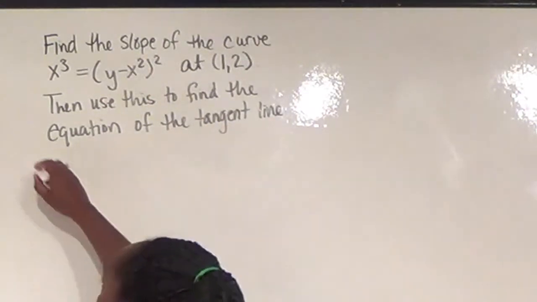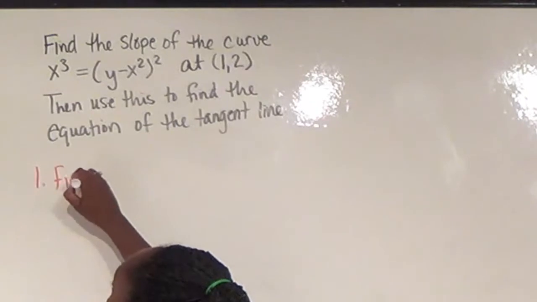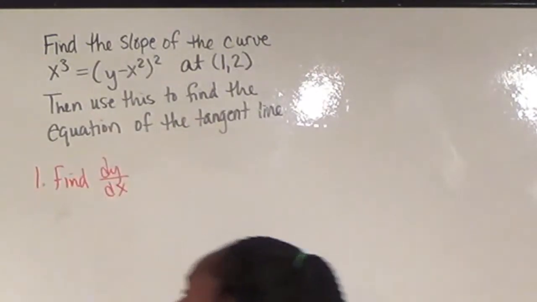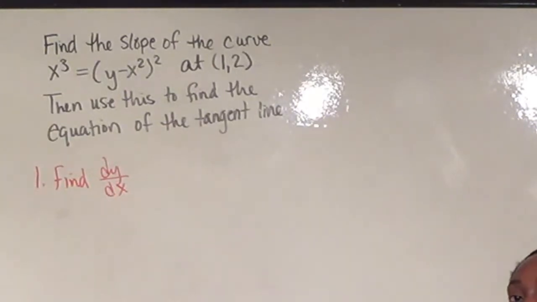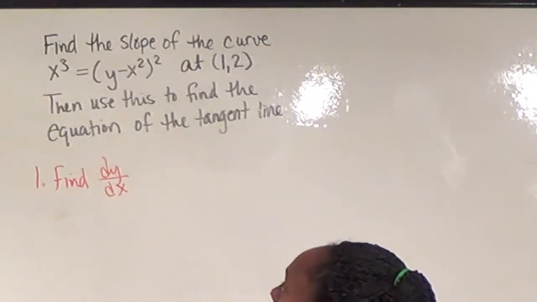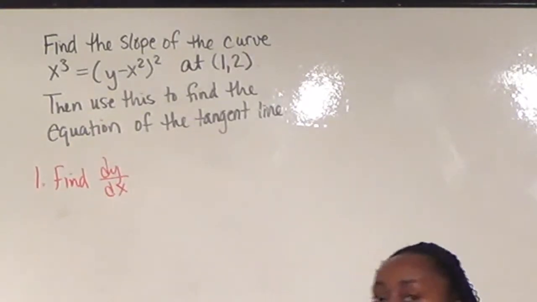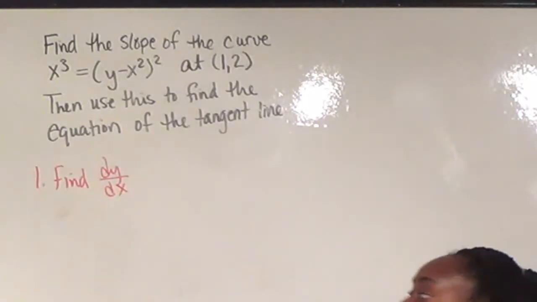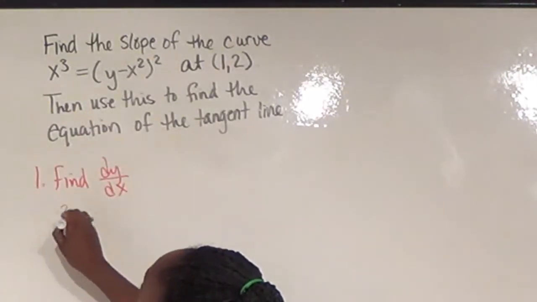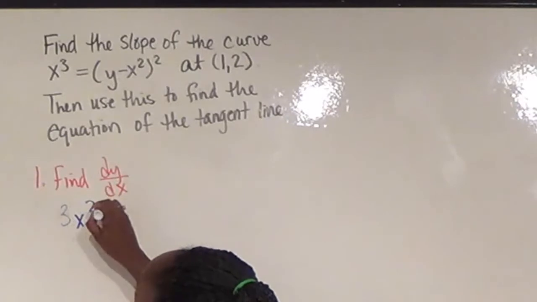So first, I need to find dy/dx. Okay. So just like what we've done in the last few examples, I'm going to take this implicit equation and take the derivative implicitly. So our derivative of x cubed is going to be 3x squared.